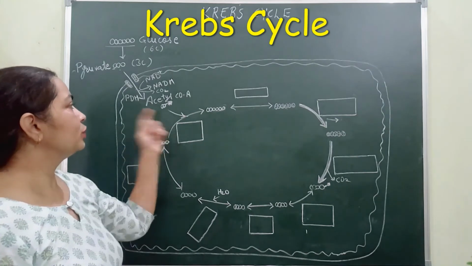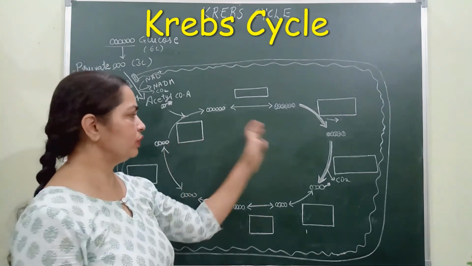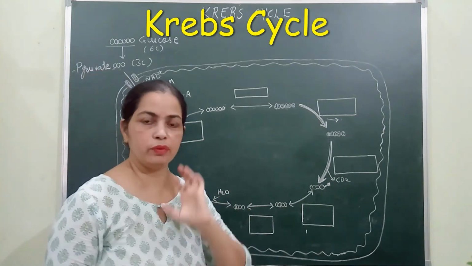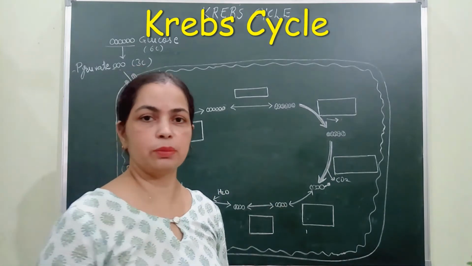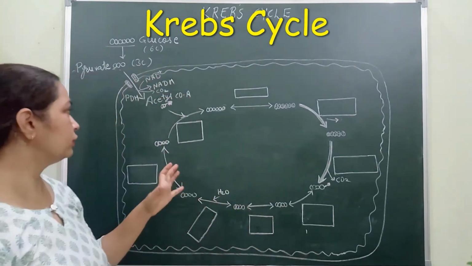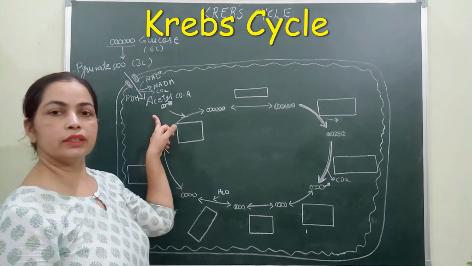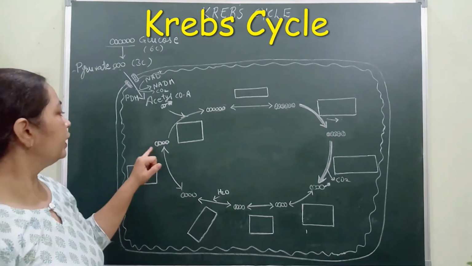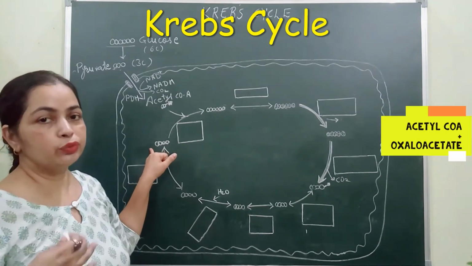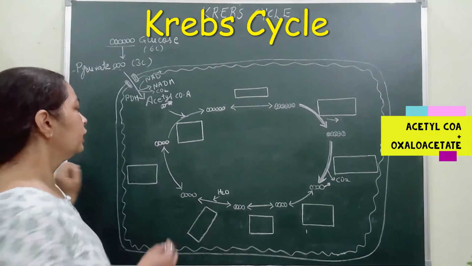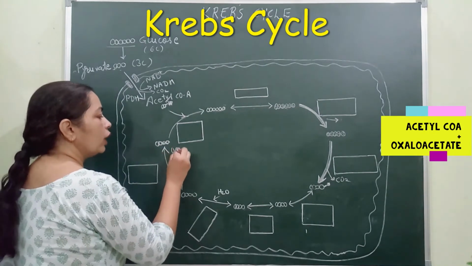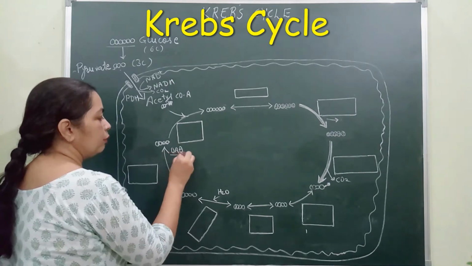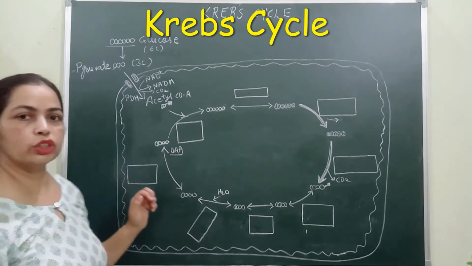Now what happens with this acetyl coenzyme A? We will be seeing only the substrates, and we will learn to recall their names in this video. Acetyl coenzyme A, which is a 2-carbon molecule, fuses with the other molecule, oxaloacetate, OAA. I am writing the short form OAA, oxaloacetate.